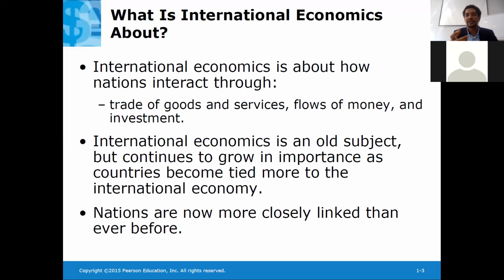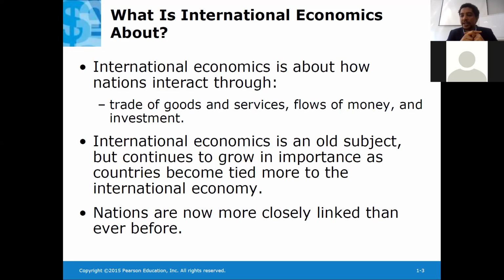Okay, this is the link. And now more than ever before, countries are very dependent on each other. Okay, because one country buys goods and services from the other, and the other country might invest through foreign direct investment in the other country. Okay, so they are interlinked.